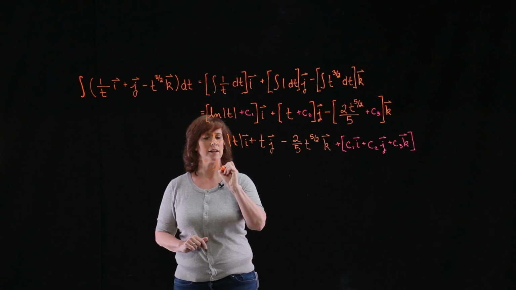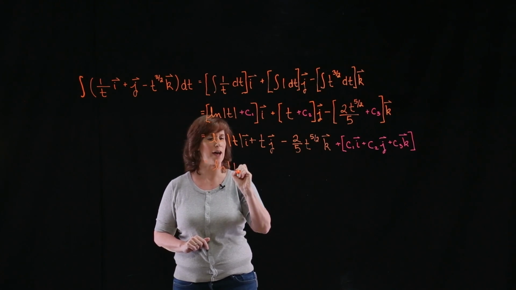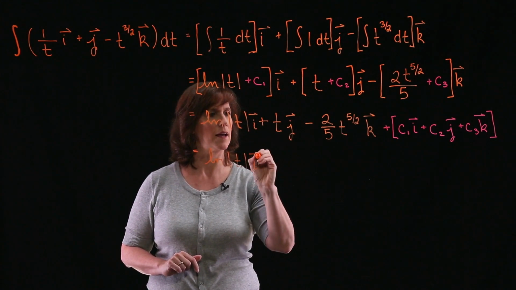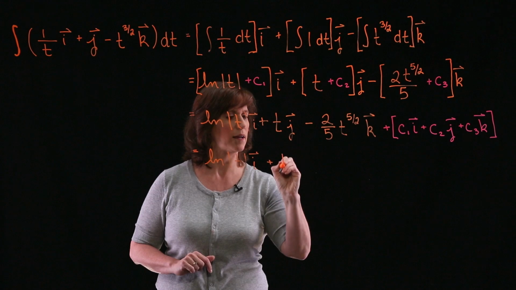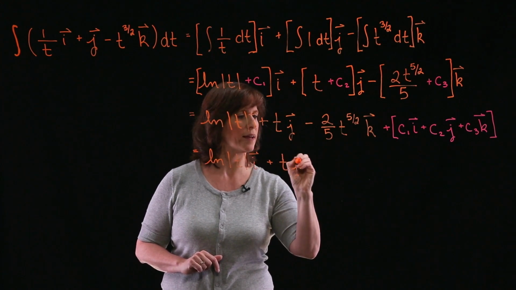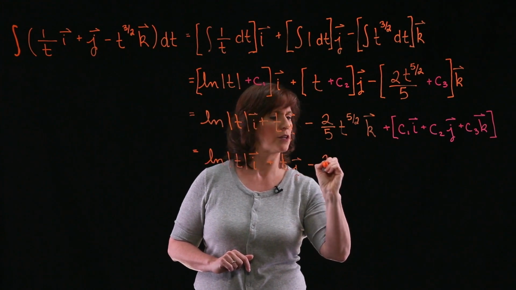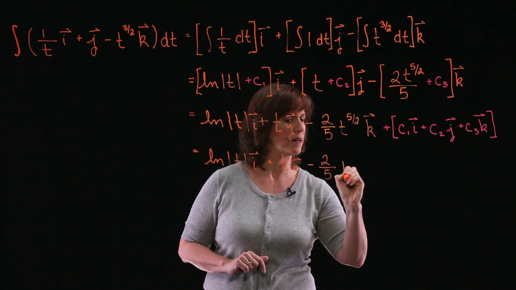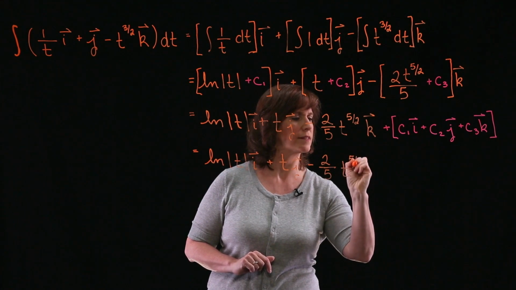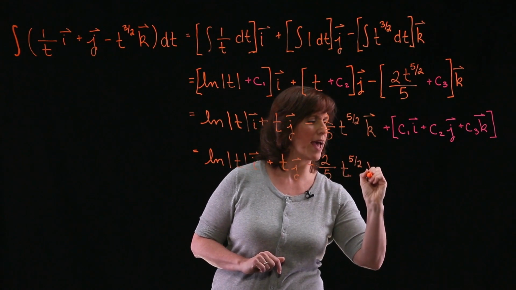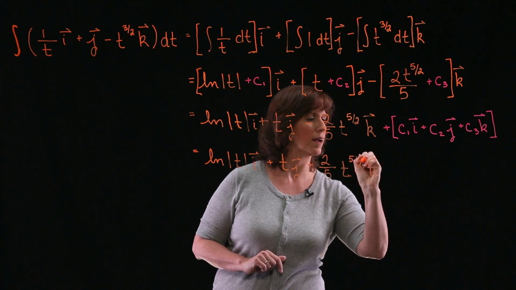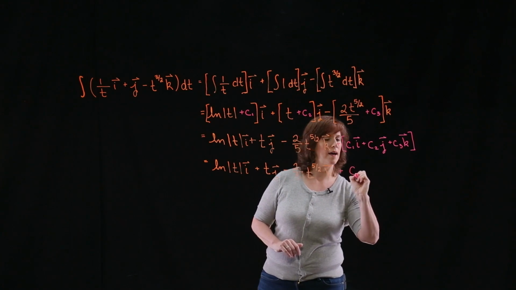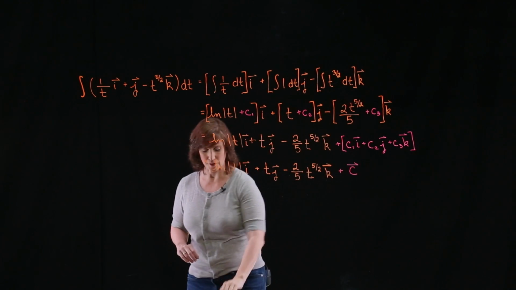So my answer looks like the natural log of the absolute value of t times vector i, plus t times vector j, minus 2/5 t to the 5/2 times vector k, plus my constant vector.